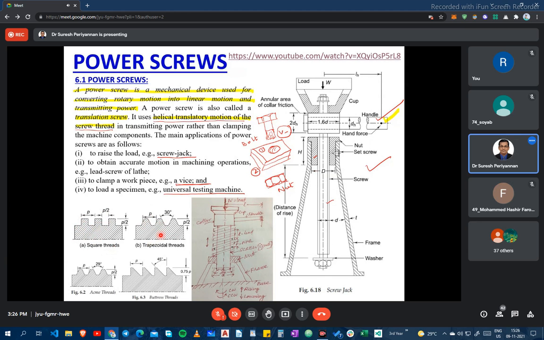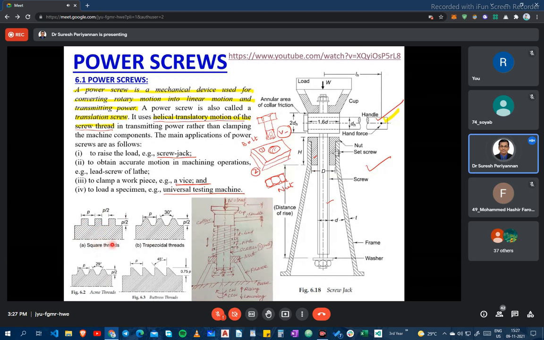Hence the strength of the square thread is less than the trapezoidal thread. Also, there is a more serious problem of wear and tear in square threads. That is enough about the advantages and disadvantages of square threads.